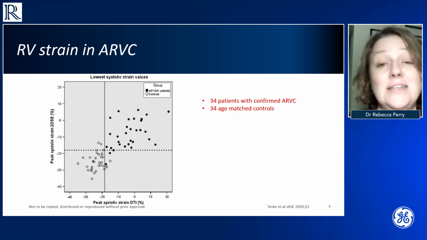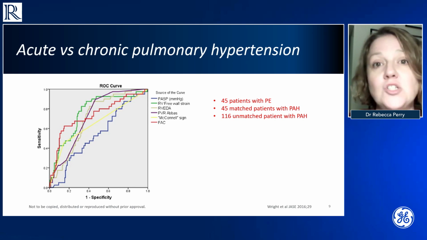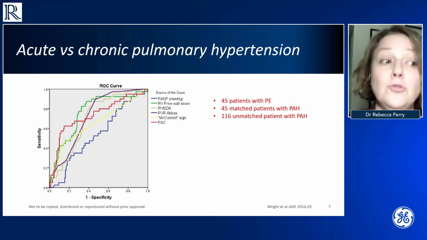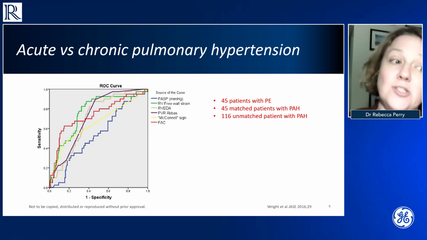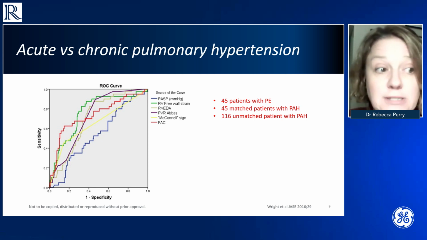So this is a study looking at the differences in right ventricular strain between patients with chronic versus acute pulmonary hypertension. So they took 45 patients who had a pulmonary embolus, which was diagnosed with CT pulmonary angiography, and matched them for age, gender, and pulmonary artery systolic pressure with 45 patients with pulmonary hypertension.